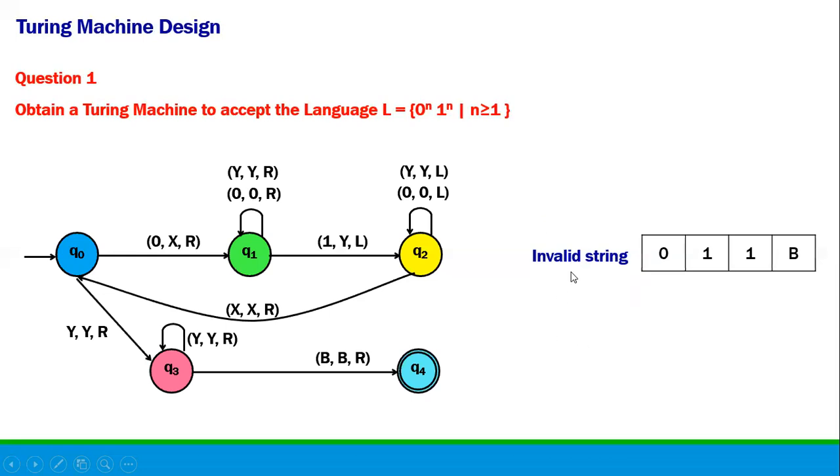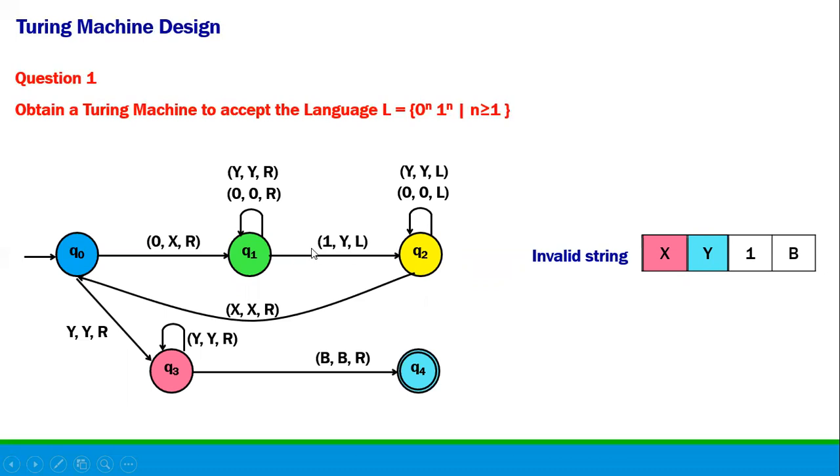Just before that, let us see for an invalid string how the Turing machine works. So this is an invalid string 0, 1, 1. Now what happens? I'm reading 0, so this has to be replaced by x, and it is at Q1 now. Now I'm reading 1, so it will replace with y, and then it has moved to Q2. Now it has to move left, right?